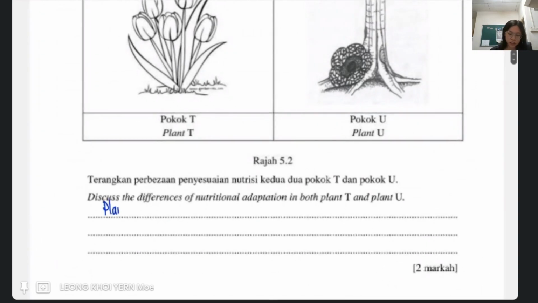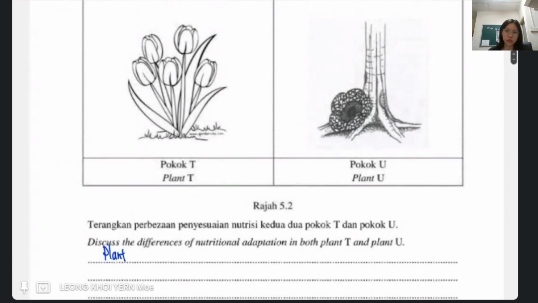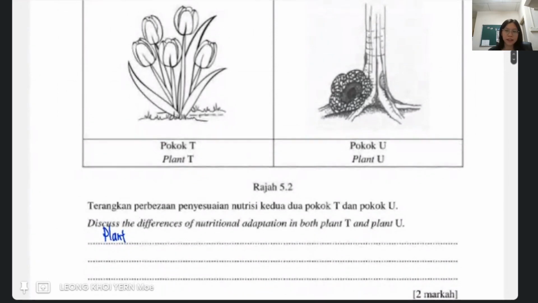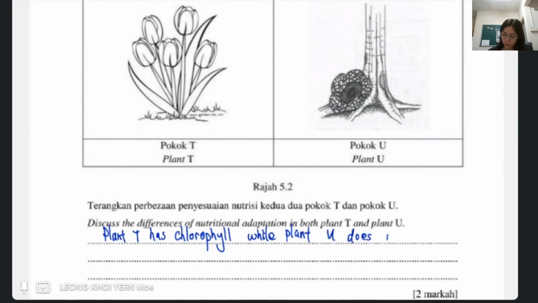So plant T is just an ordinary flowering plant that doesn't rely on the host, which means it can make its own food through photosynthesis. If it can undergo photosynthesis, it surely has chlorophyll. So this one has chlorophyll, while plant U does not have chlorophyll.